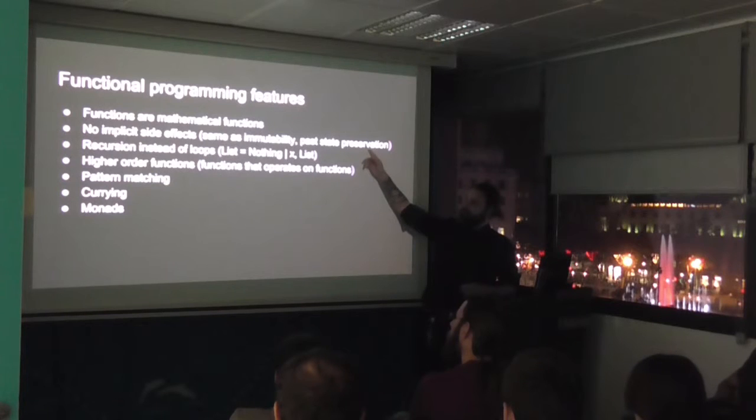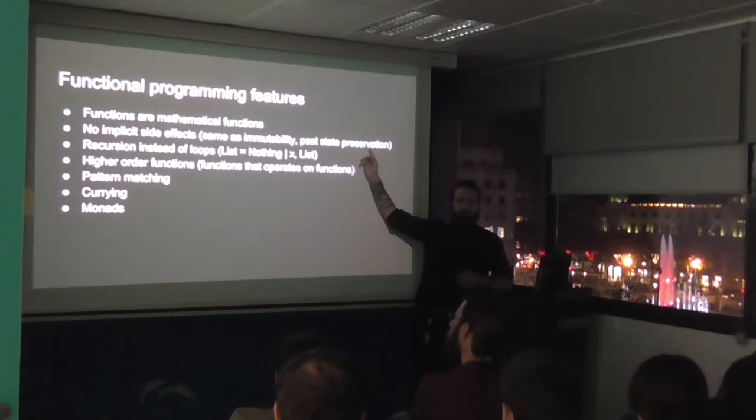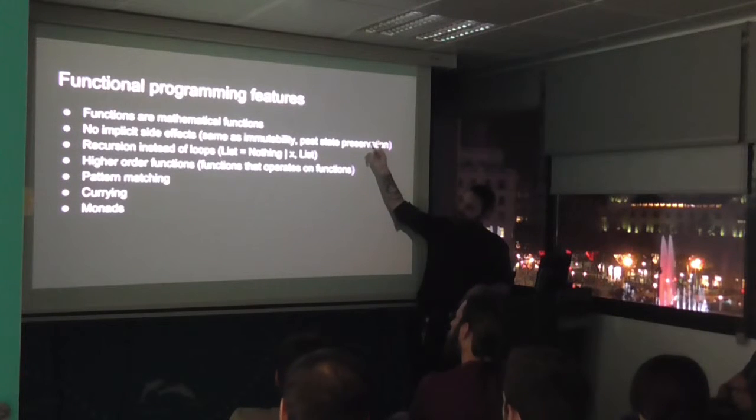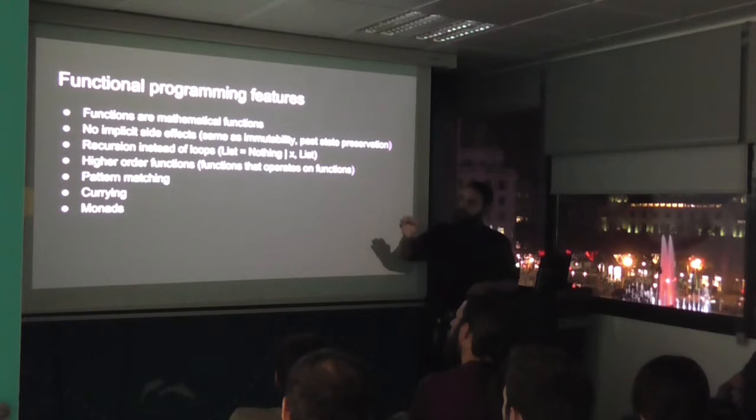That's the point too, that there are no implicit side effects. The point one says that a function with one argument always returns the same value, independently of the time. So it's deterministic.